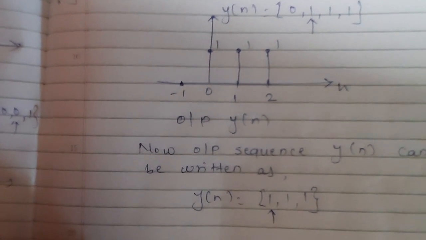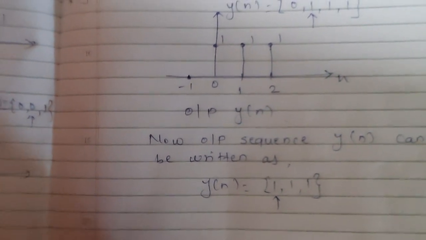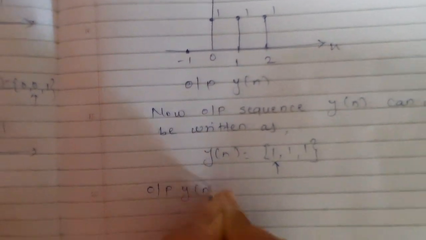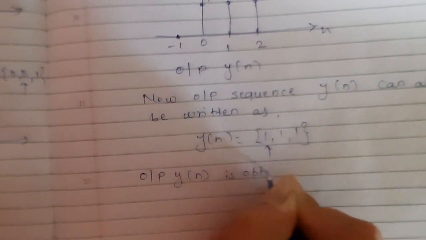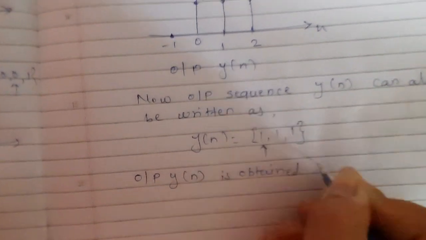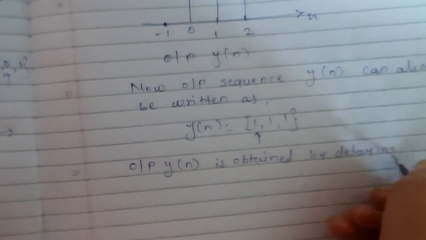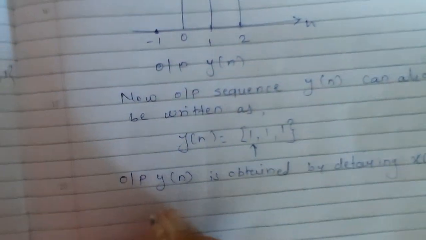From the previous graph it shows that the output y of n is obtained by delaying x of k by one sample.